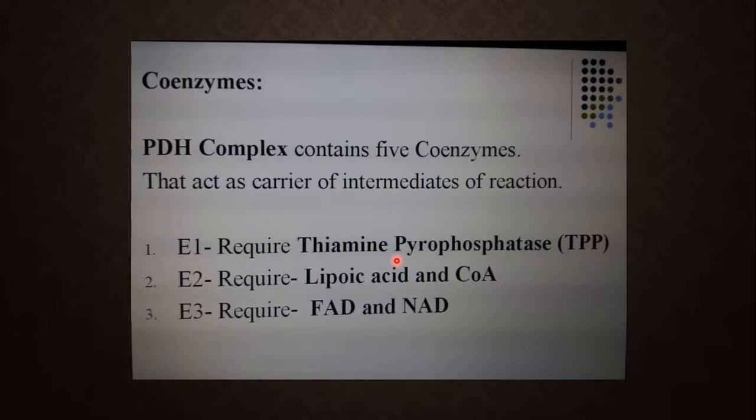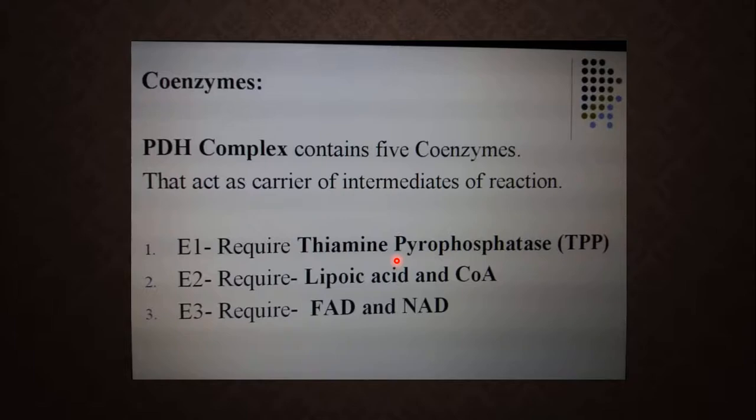Now it should be very clear how important these coenzymes are, and that deficiency of one can lead to serious central nervous system problems.